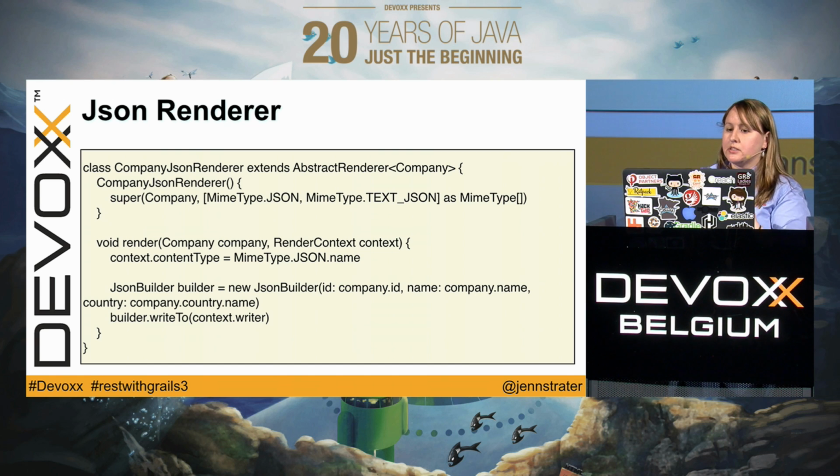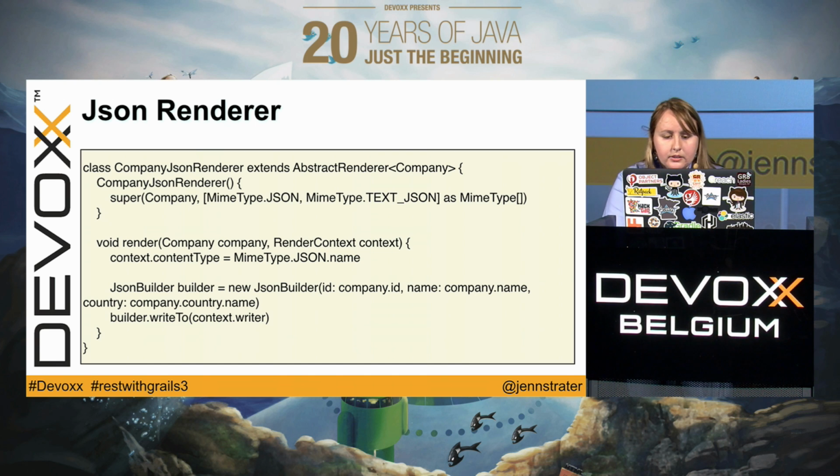So if it's XML, it's not going to try this. And you can overwrite how it's going to render. So I created through the JSON builder to do it this way. The one thing I changed was, so when I output the country, I want to do company.country.name instead of the entire object. This should look pretty similar to the way it works before.